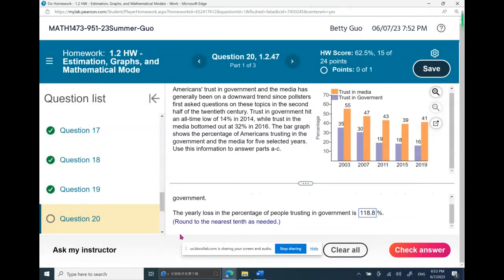Round to the nearest tenth as needed. So the nearest tenth will be 1.20.